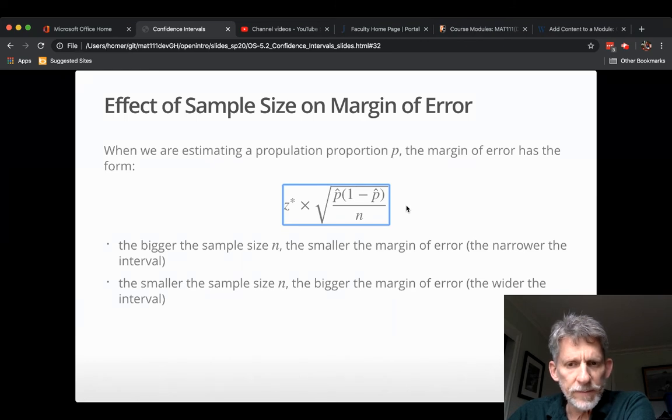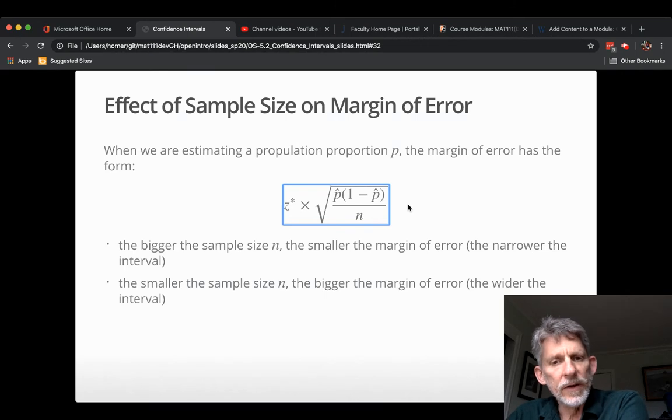Now notice that n, the sample size, is in the denominator of the fraction inside the square root. And you know that when denominators get big, the fraction gets small. So the larger the sample size n is, the smaller that fraction will be. Therefore, the smaller its square root will be. Therefore, the smaller the standard error will be. Therefore, the smaller the margin of error will be.